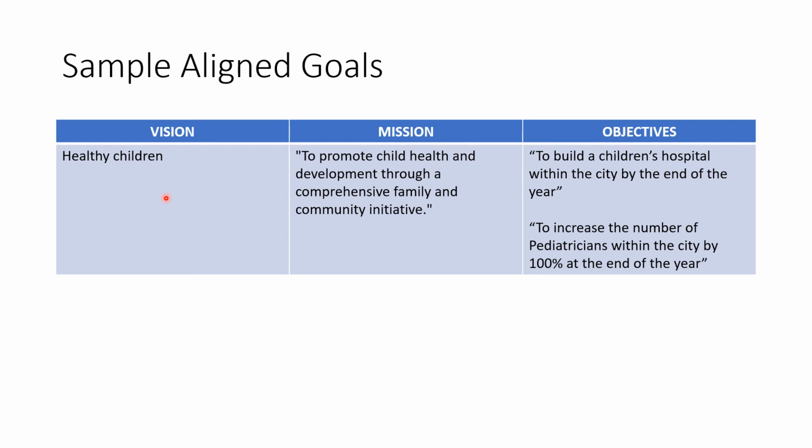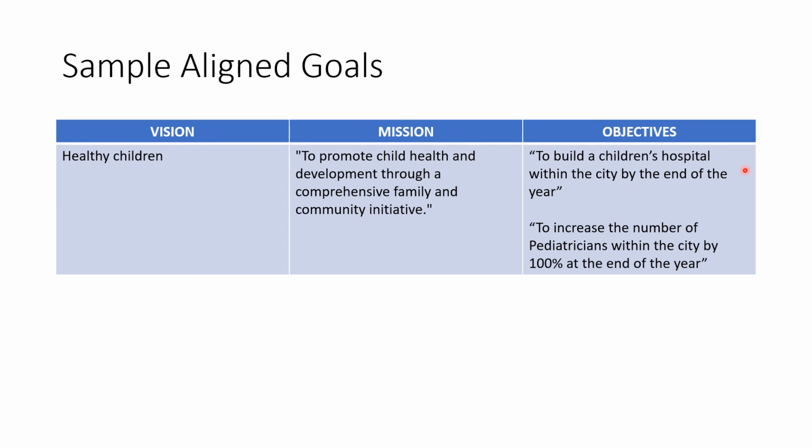Okay, but even if it is vague, it is just a vision. Okay? So their mission is a bit more specific than the vision. Okay, and then their objectives. Okay, in order to achieve this mission and ultimately the vision, their short-term objective is, for example, to build a children's hospital within the city by the end of the year.